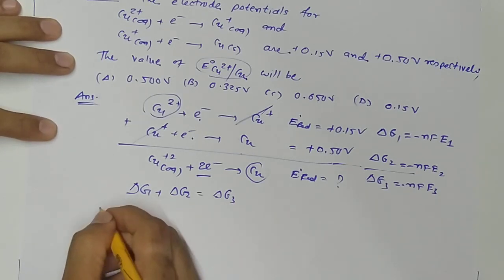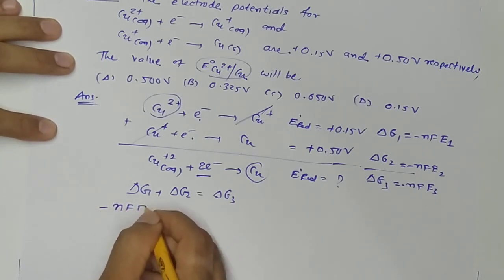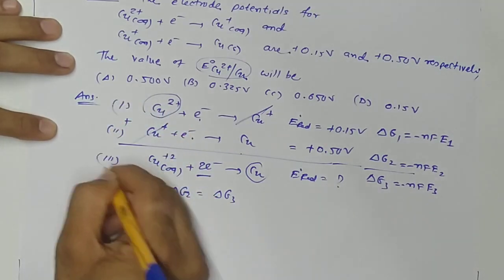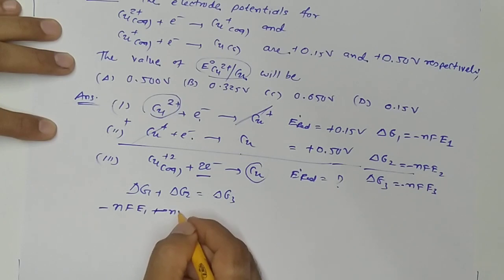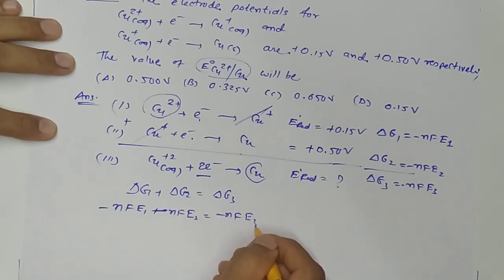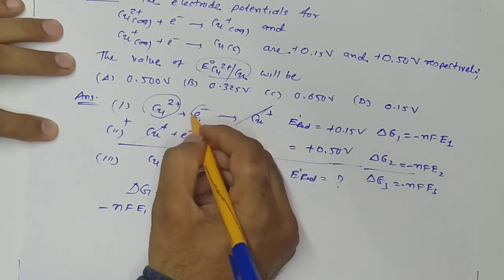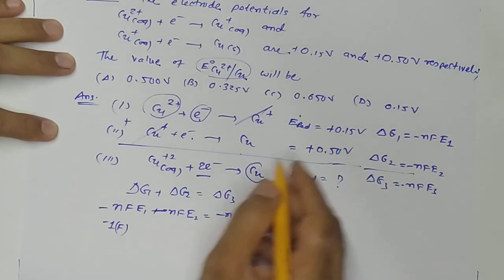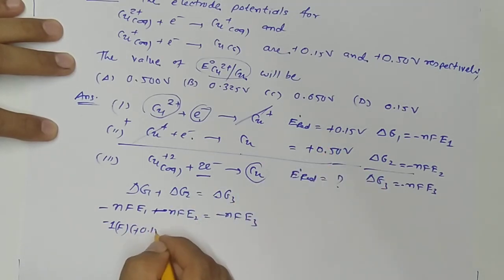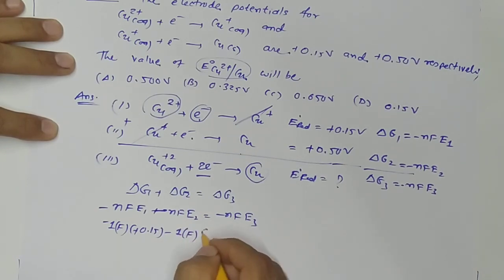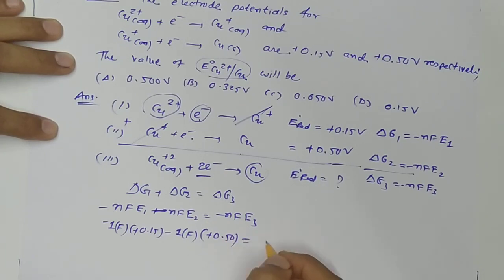Here delta G1 means minus nFE1 for the first equation, for the second minus nFE2, for the third minus nFE3. Here the number of electrons is 1, F is constant, E1 is plus 0.15. Here n is 1, F constant, E2 is plus 0.50.